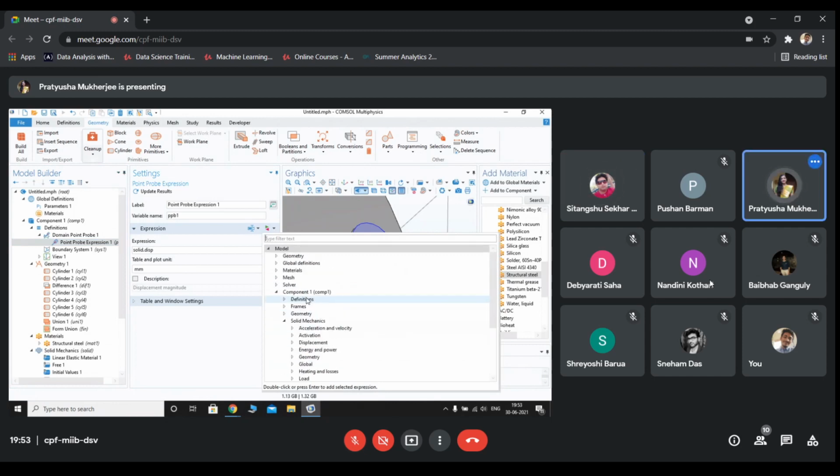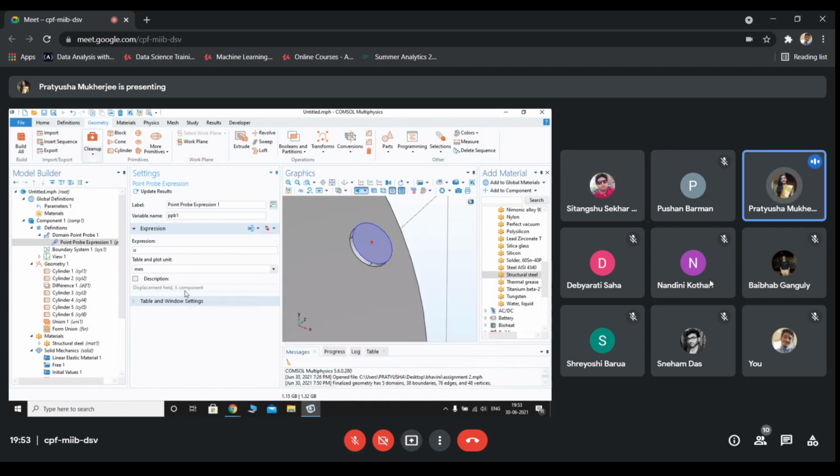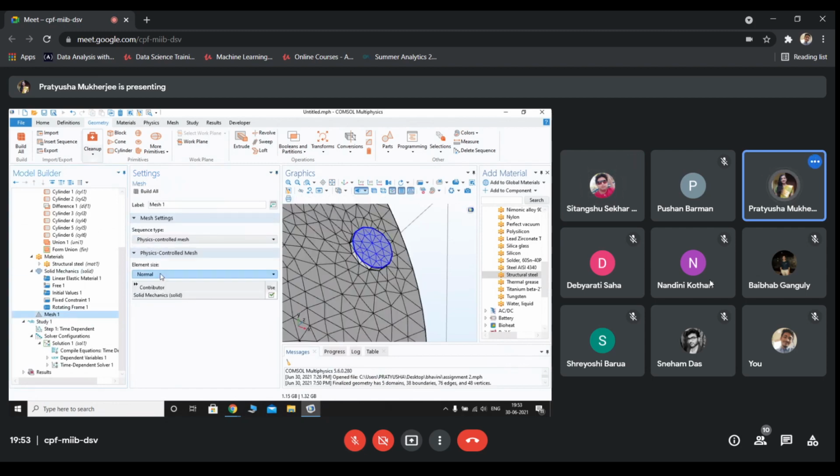Then solid mechanics displacement. Under displacement there is displacement field, and go to X component, because here we want to see only one direction displacement. Double click on that. Now go to mesh. Add extremely fine mesh. Then study and compute.